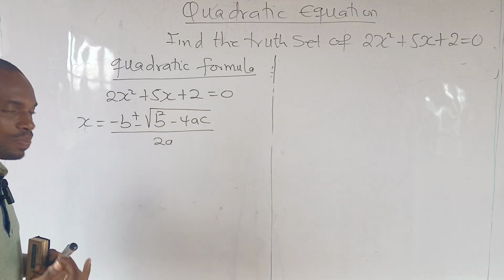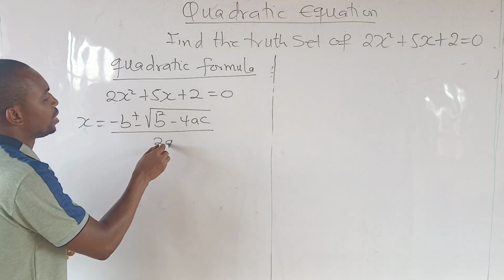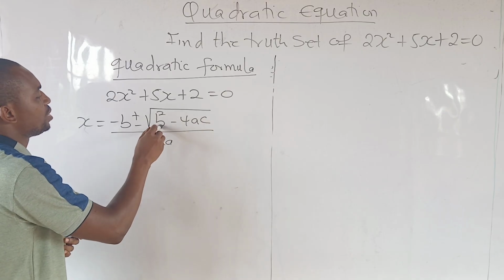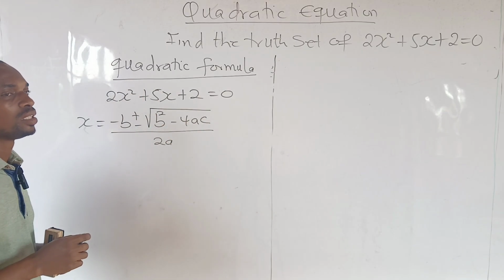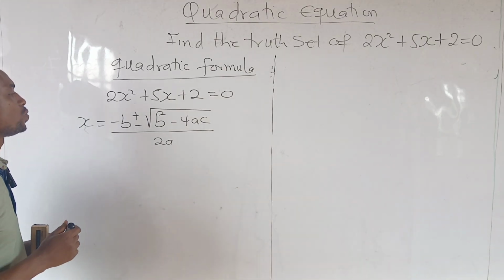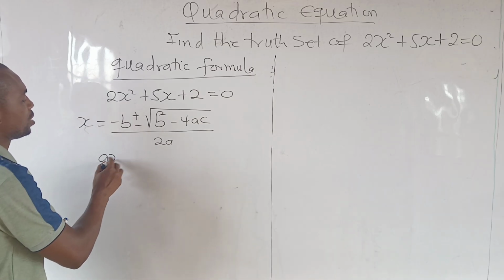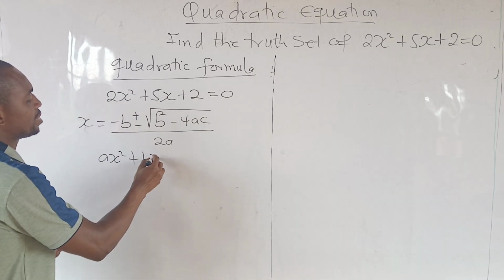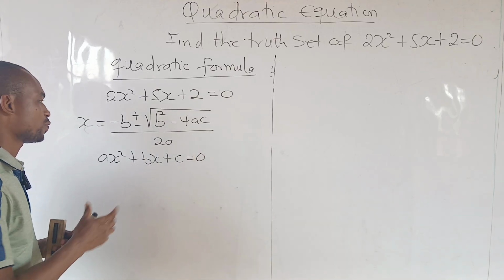So the next step is that you look for the values of a, b, and c from the quadratic equation given to you. And as we know, the quadratic is in the form of ax squared plus bx plus c equal to 0.